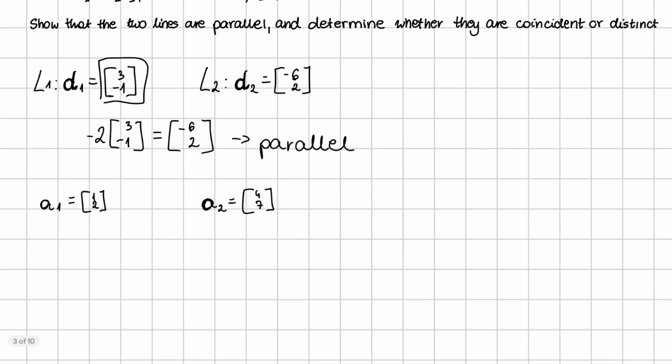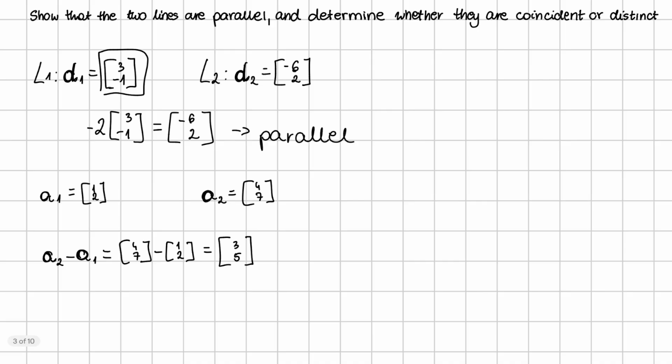Now let's compute the vector connecting them. From the second position vector we subtract the first: (4, 7) minus (1, 2). So our vector is (3, 5).